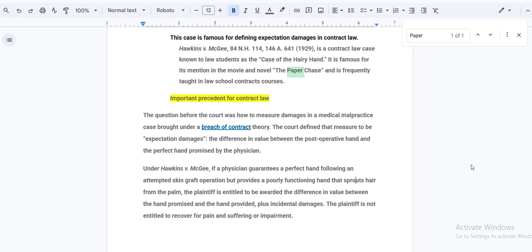So, under this, if a physician guarantees a perfect hand following an attempted skin graft operation but provides a poorly functioning hand that sprouts hair from the palm, the plaintiff is entitled to be awarded the difference in value between the hand promised and the hand provided, plus incidental damages. The plaintiff is not entitled to recover for pain and suffering or impairment.